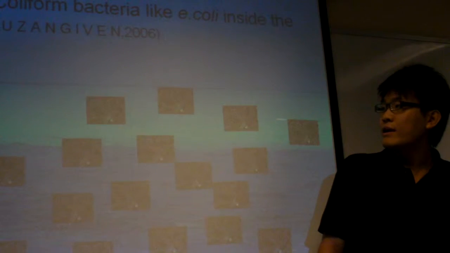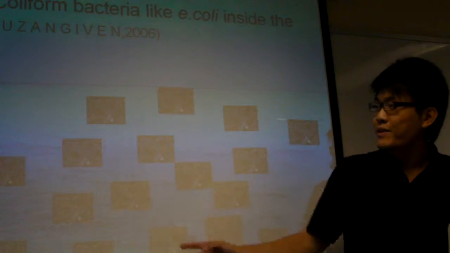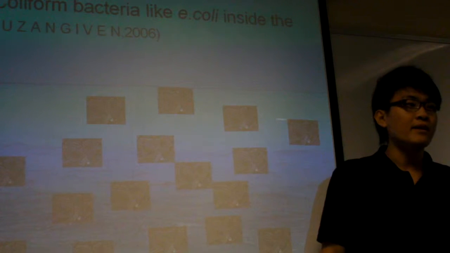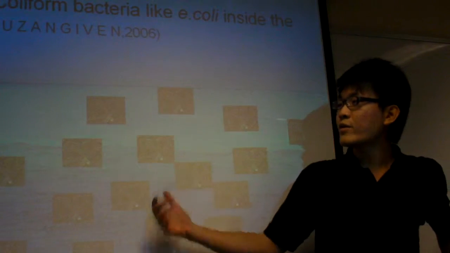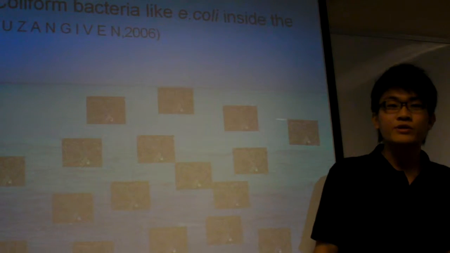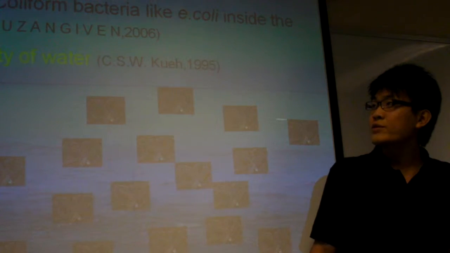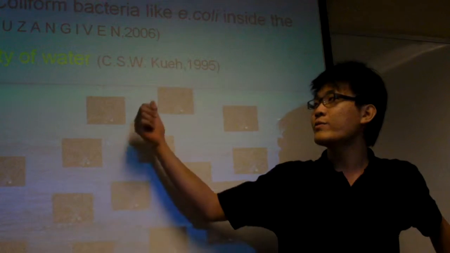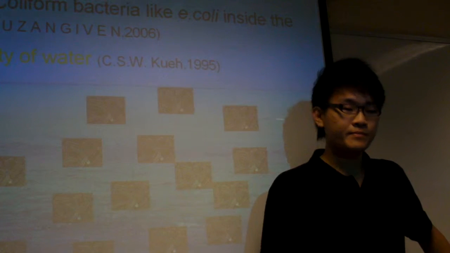By counting these bacteria, we can assess the water quality. However, using only this single factor is imperfect. Other research states that turbidity of water is also a good indicator to reflect the water quality.